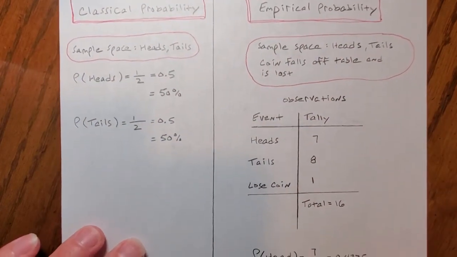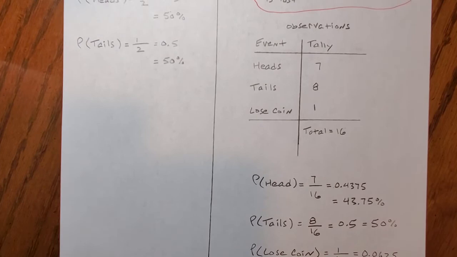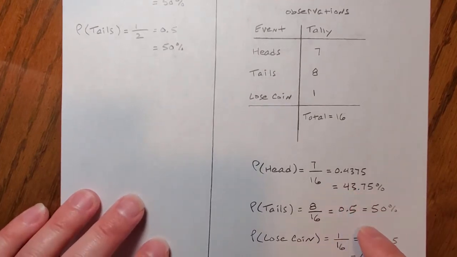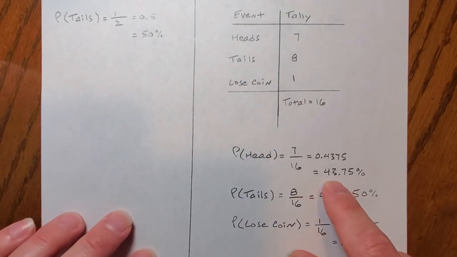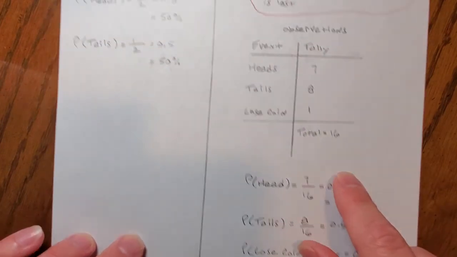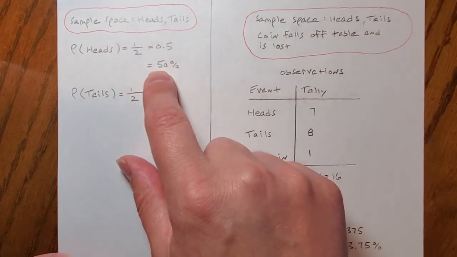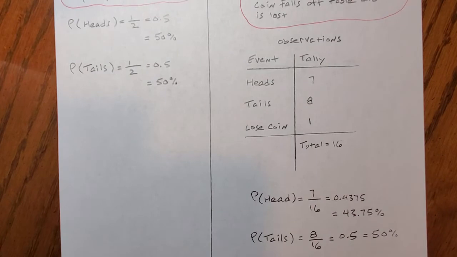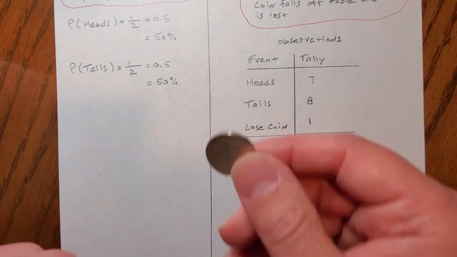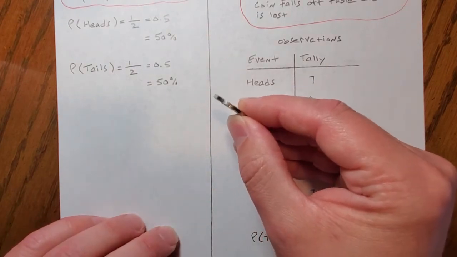Now, somebody might say, shouldn't these match? Why didn't I get 50% here, but I did over here? And my answer to that is, these numbers don't have to be the same. What if this coin is not fair?